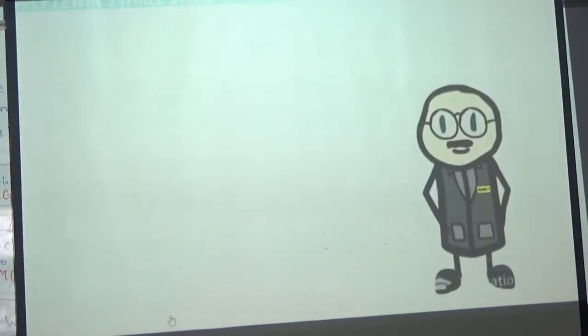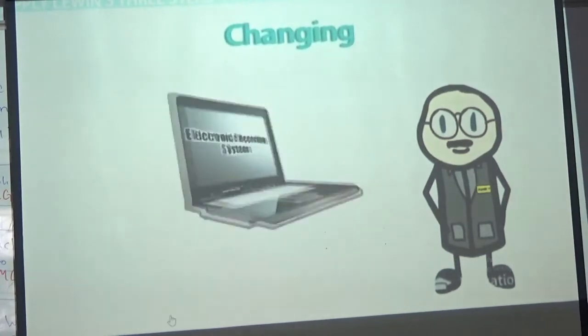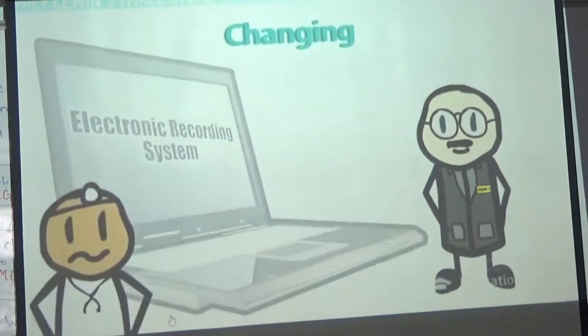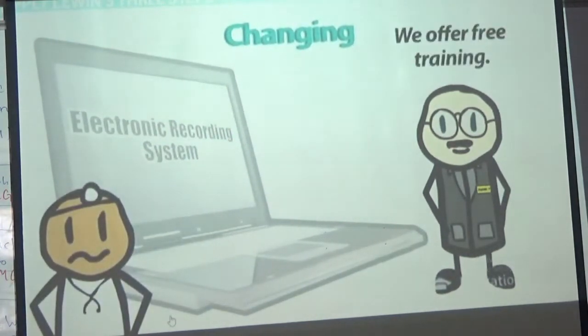Next, Kitty management will need to transition into the changing stage by implementing the new electronic recording system. This will mark a time of uncertainty in the Kitty staff, making it necessary for the management team to offer training and support as the employees become familiar with the new electronic system.